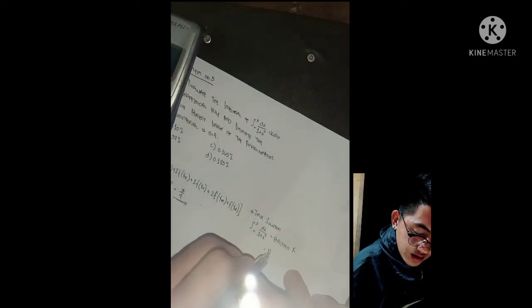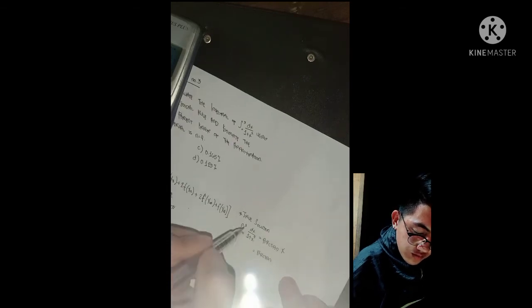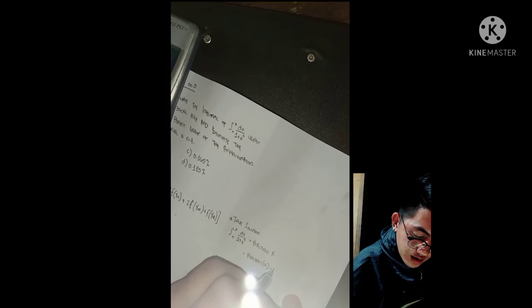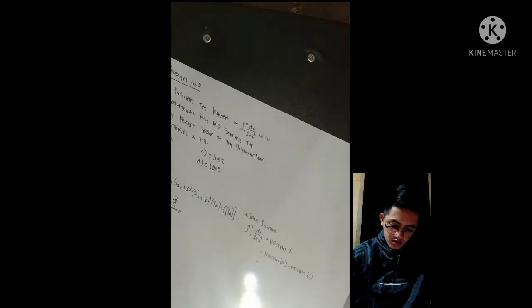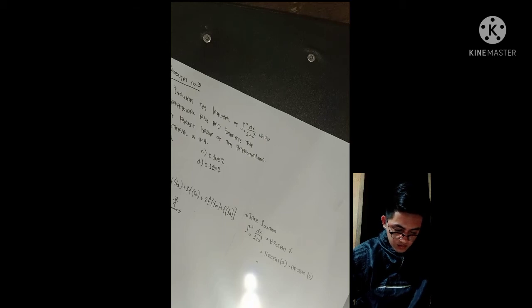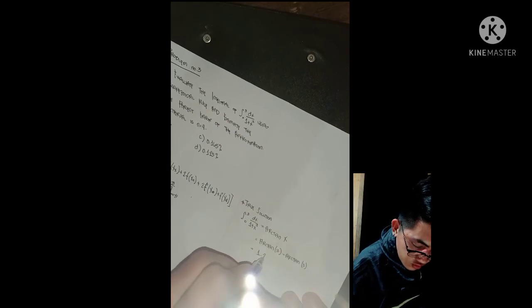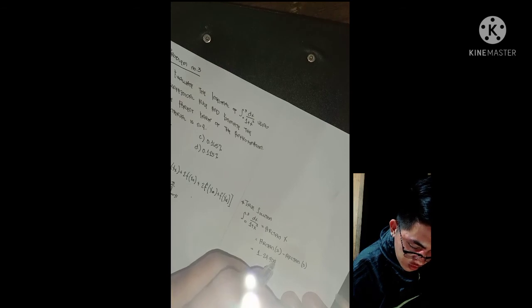So our arctan of root 3 minus the lower limit, so arctan of 0, is equal to arctan of root 3 minus arctan of 0. So we have a value of 1.249046.